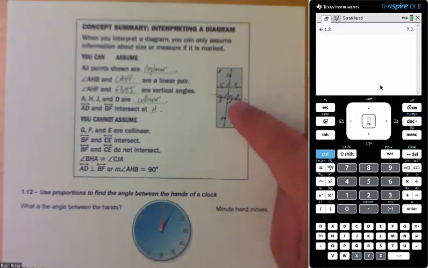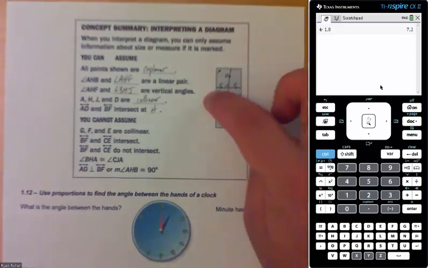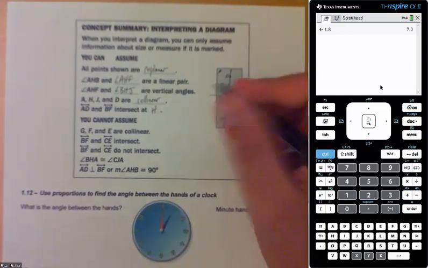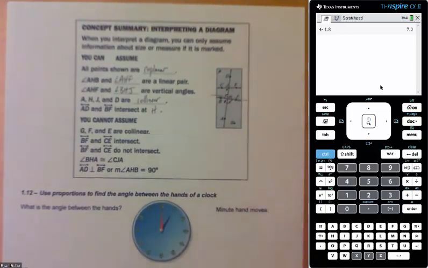We can't just eyeball that angles happen to be the same size, since we don't have a justification for that. So like BHA and CJA, that would be this angle and this angle. Unless you have more evidence as to why they need to be the same size, just because they might look close to the same size, we can't assume that they are.